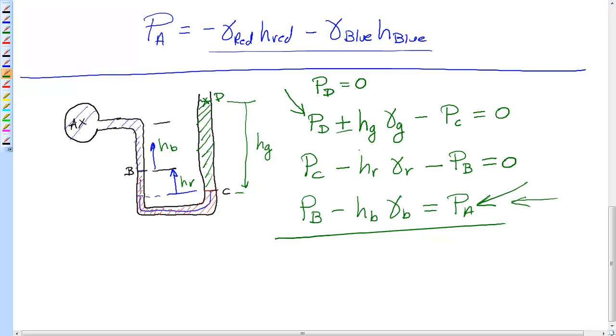And you've gone down here, and up here. Add them up, and you get, moving them over, pressure of D plus gamma of G, H green, minus H red, gamma of red. Remember, this term cancels that term, and this term cancels this term.